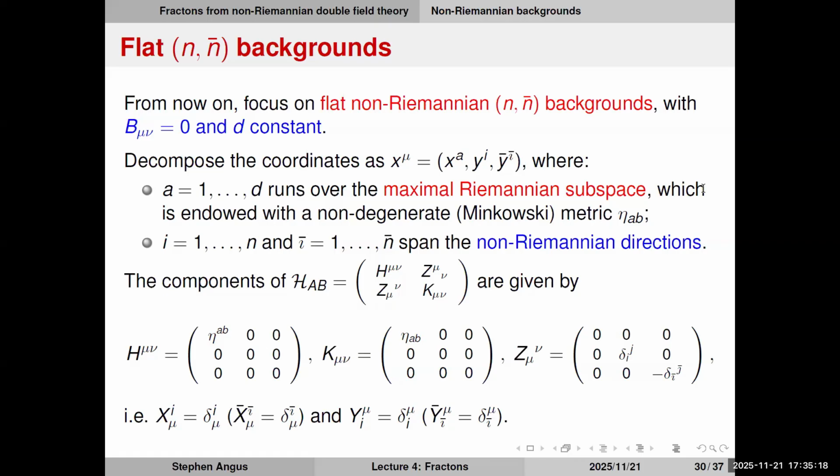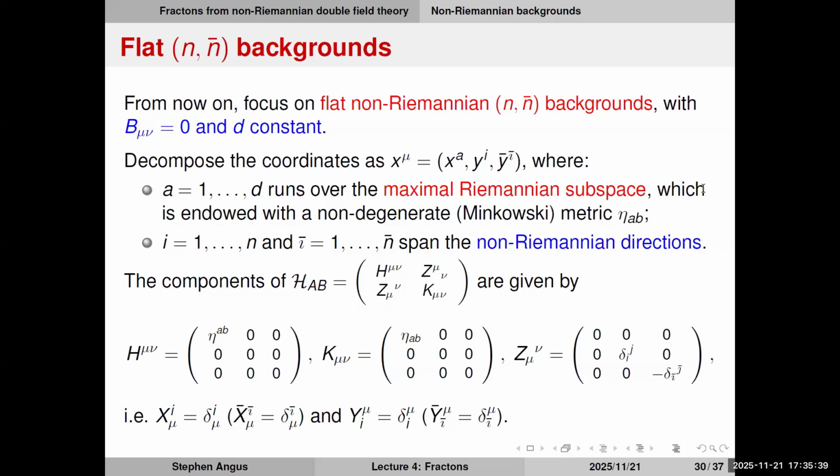So the components of this H_AB are just like this. We have h mu nu is eta ab in this top part here. k mu nu is also eta ab with lower indices, the lower index Minkowski metric.